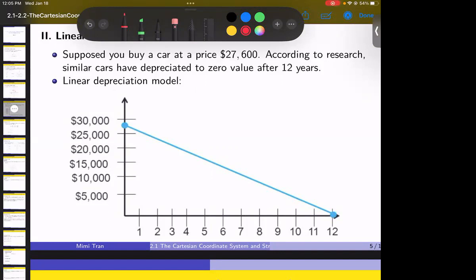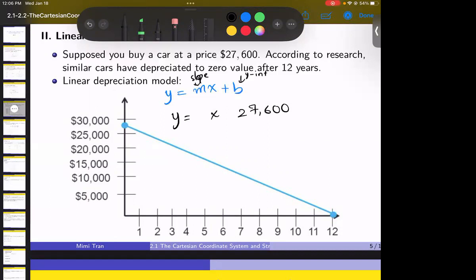Yes, right. It's linear, so it's going to be y equals mx plus b. What is my b? Good. m is slope, and b is your y-intercept. In this example, what is my y-intercept? Yeah, 27,600.